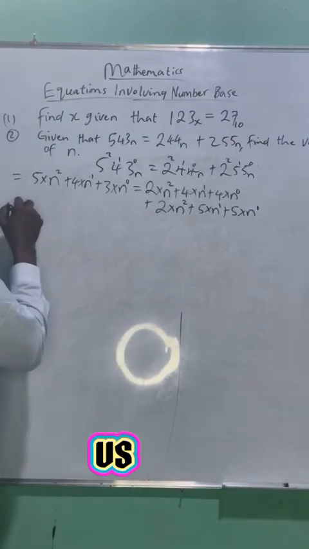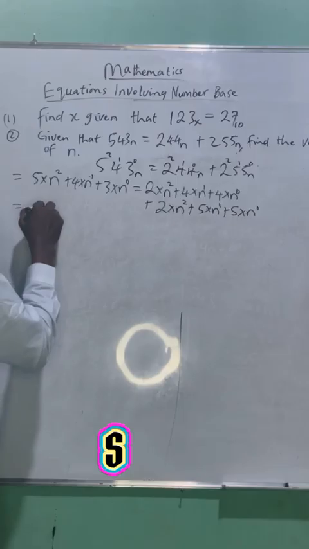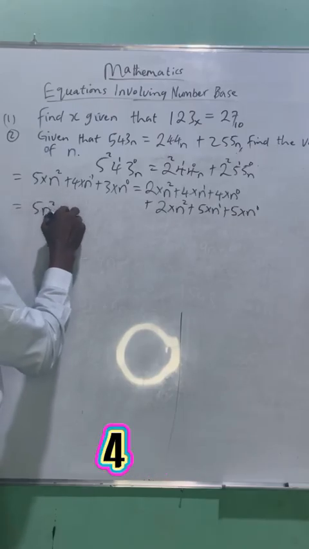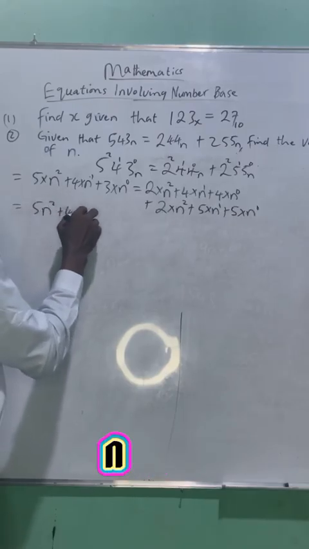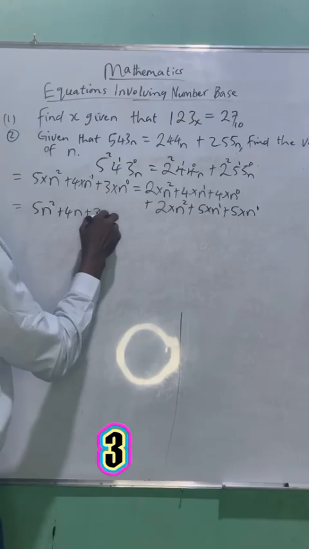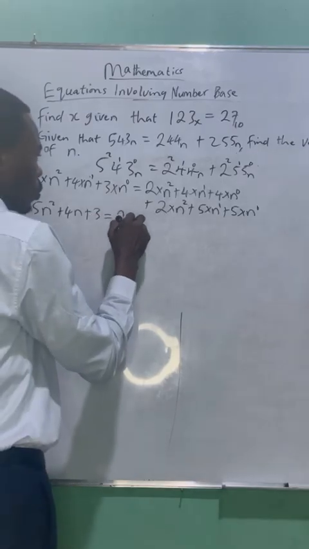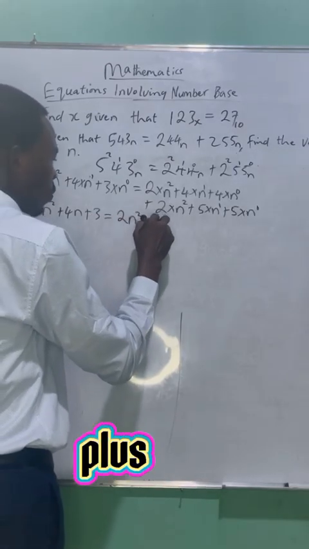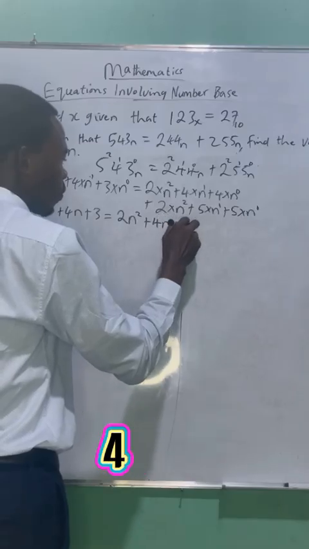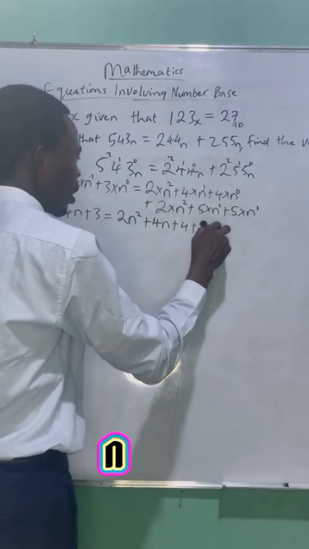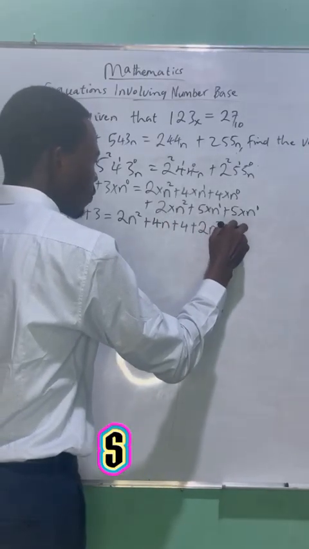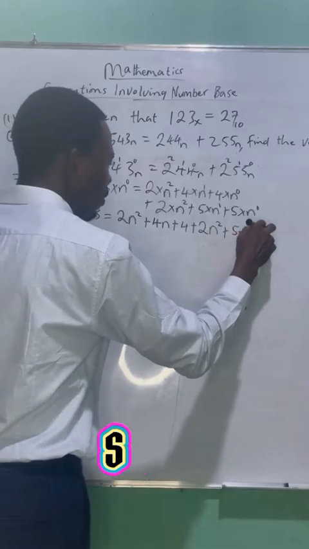This will give us 5n squared plus 4n plus 3 equal to 2n squared plus 4n plus 4 plus 2n squared plus 5n plus 5.